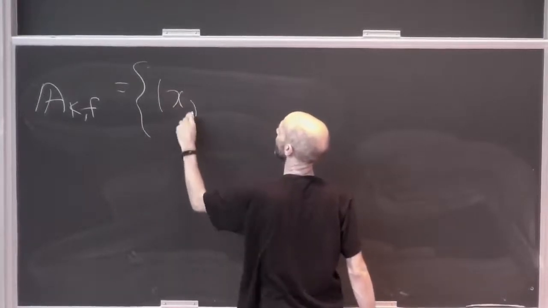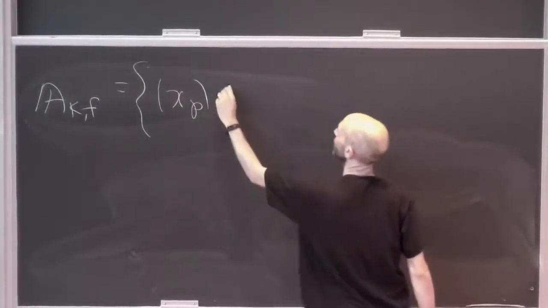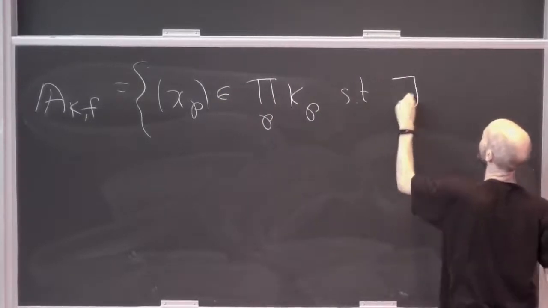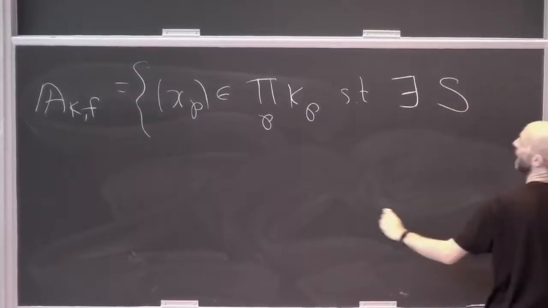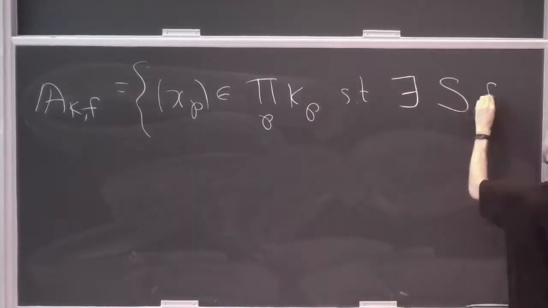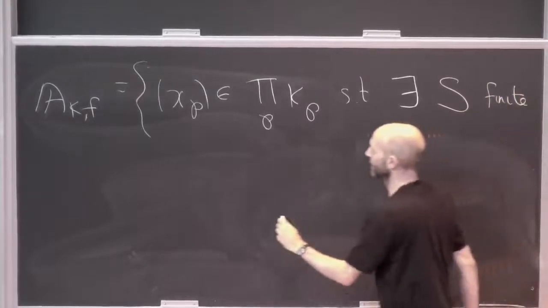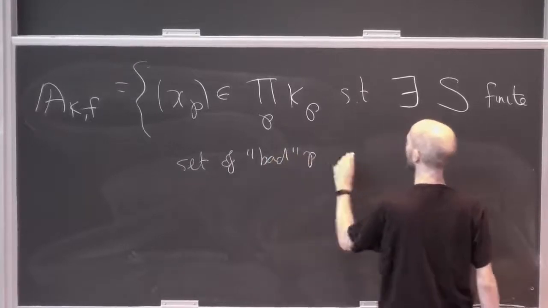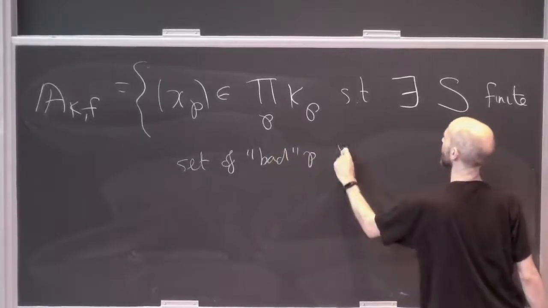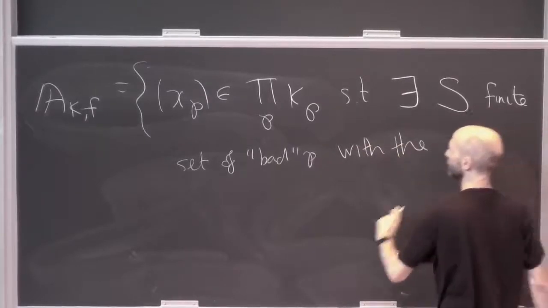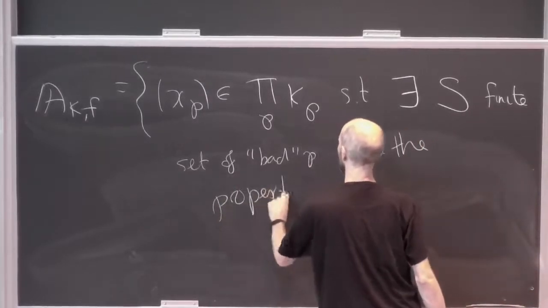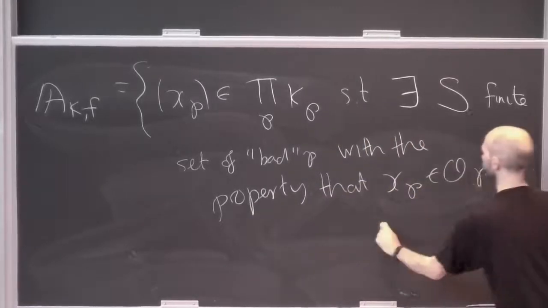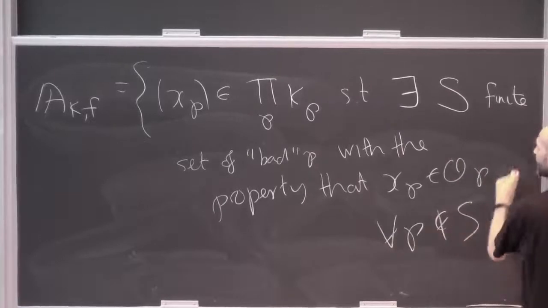So x_p is in one of these local fields, in this product over p of K_p, such that there exists some finite set S, a finite set of bad p, with the property that x_p is in O_p for all p not in this bad set.